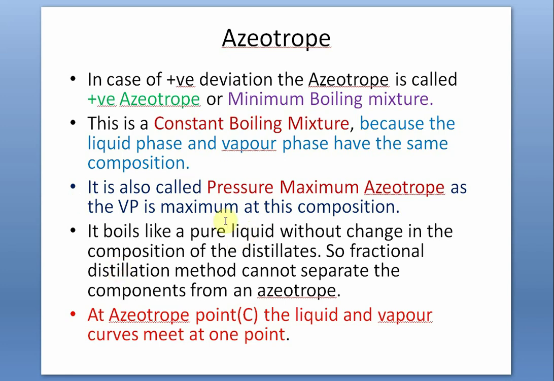It's a constant boiling mixture. It boils like a pure liquid without change in the composition of the distillate. So the fractional distillation method cannot separate the components of an azeotrope. At azeotropic point C, the liquid and vapor curves meet. The two convex lenses meet at a single point, I have told you. That's the beauty.